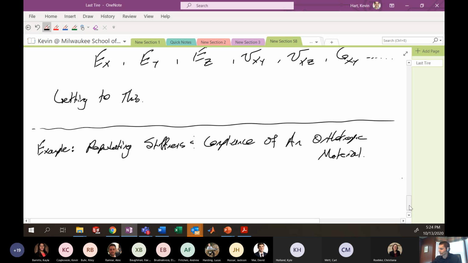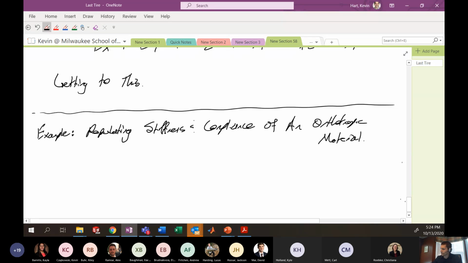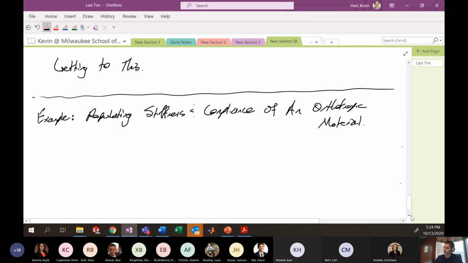Okay, so let's go through this example problem. I'm going to put an example problem here on the screen, and we'll work our way through it. So populating stiffness and compliance of an orthotropic material is our example here. This comes from page 16 of your slide deck.